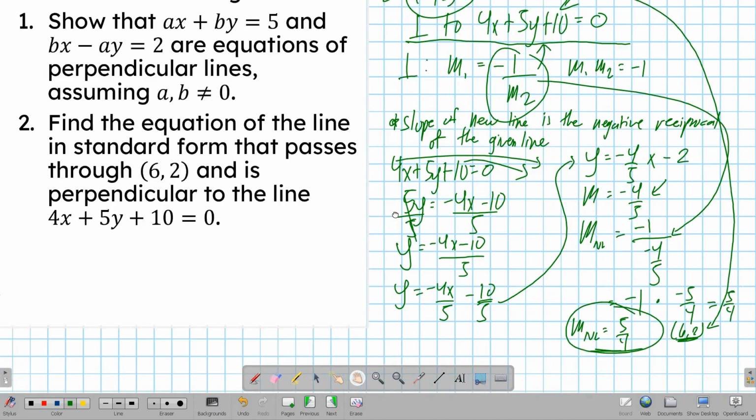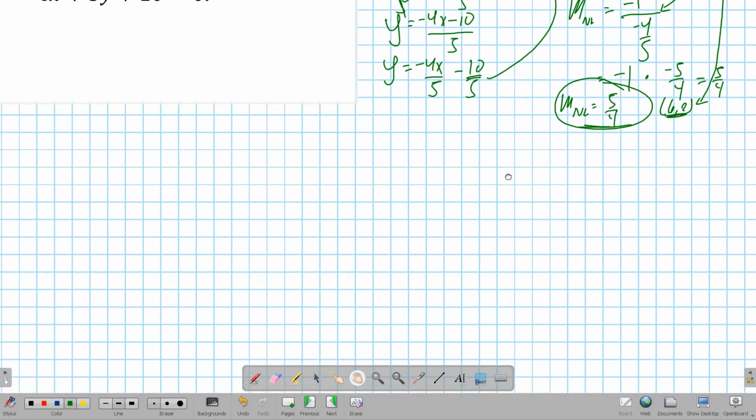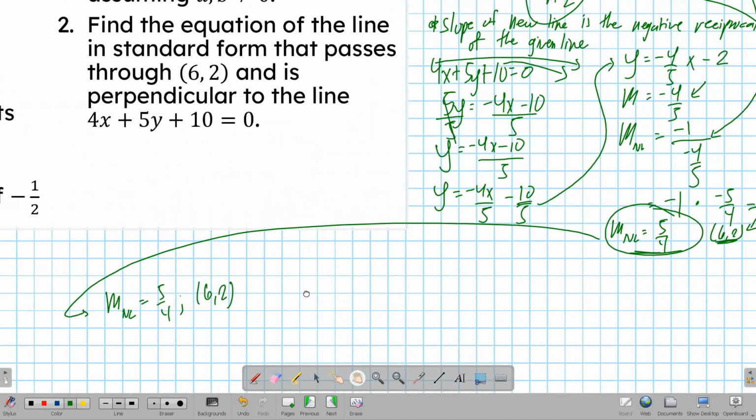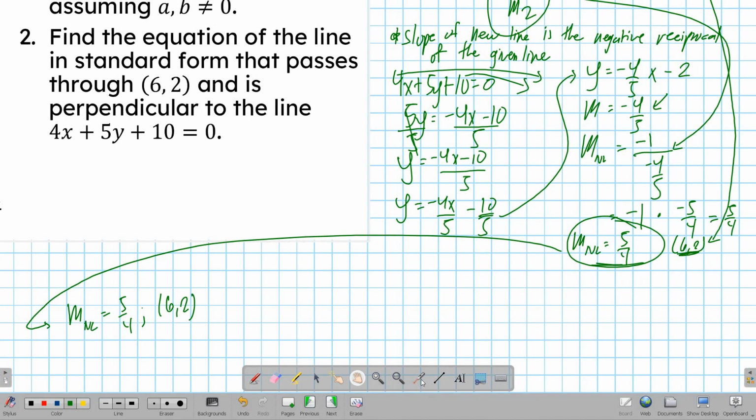Baba natin to. So, since we have the slope of the new line, which is 5/4, and it has to pass through (6, 2), kasi yun yung nakalagay sa tanong. Perpendicular dito, ito. Ito yung process na nahanap natin kung bakit perpendicular, kaya nahanap itong slope na to.